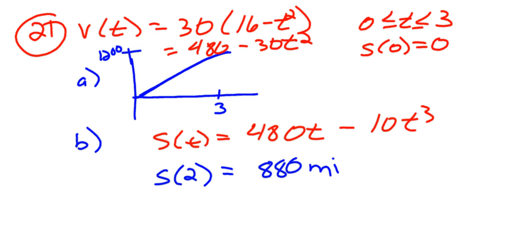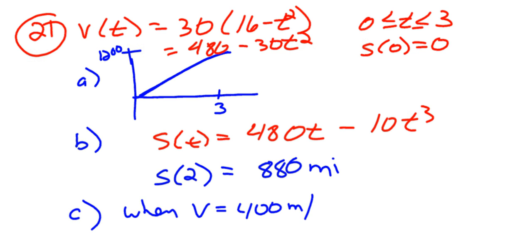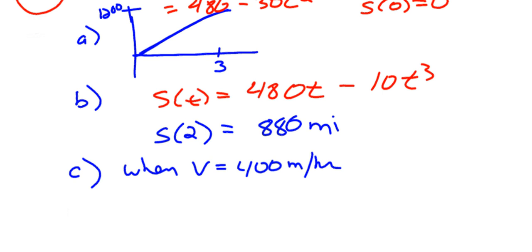Part C then says when the velocity is 400 miles per hour, where are we? We want to know position. So what do I have to do here?